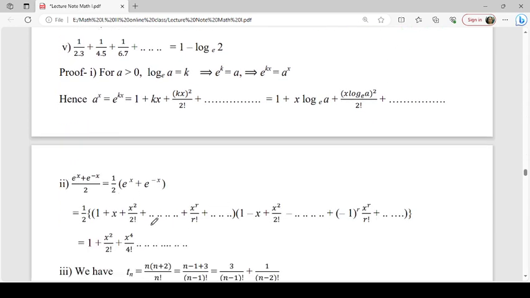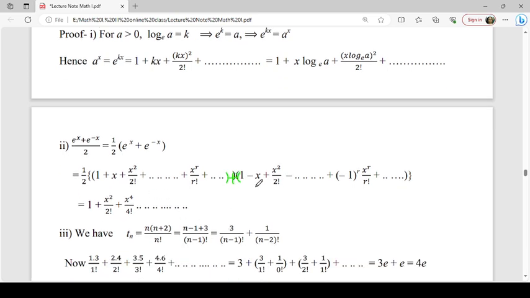Next, we got the expansion of e to the power x. e to the power x is this series, all plus. For e to the minus x, put x equal to minus x: so it is minus x, then minus x whole square is plus, minus x whole cube is minus, then minus x whole to the power r is minus 1 to the power r into x to the power r, etc. So when we add them, the odd terms cancel and remain double of the even terms: 1 plus 1, then this plus this, so all positive terms are doubled, and because of the half, only these remain: 1 plus x square by 2 factorial.